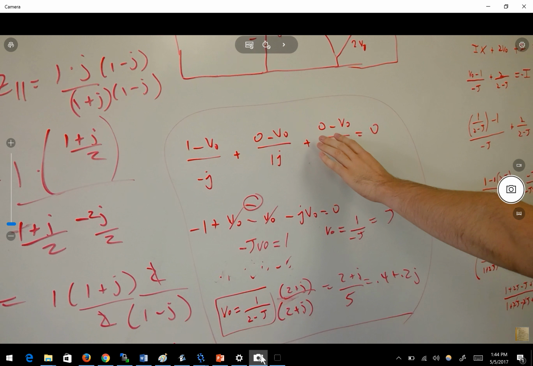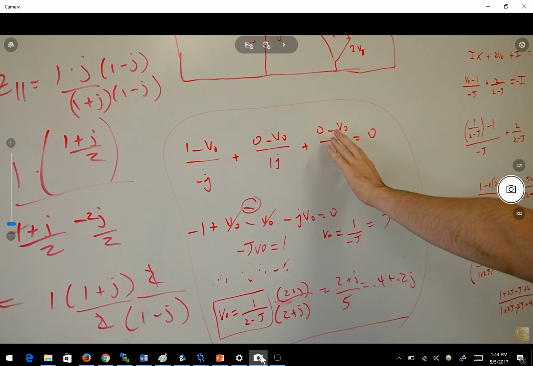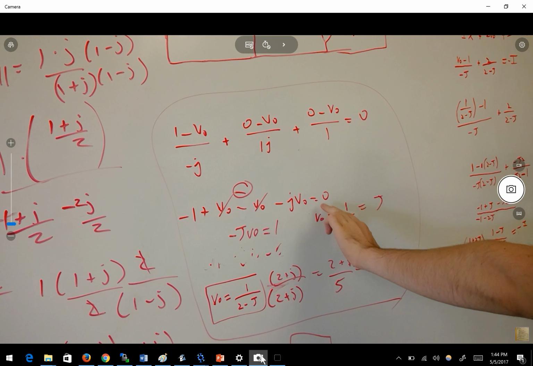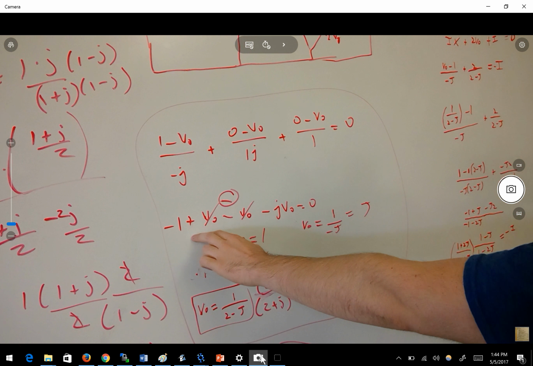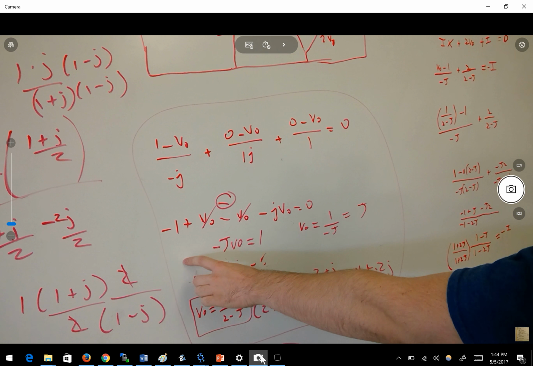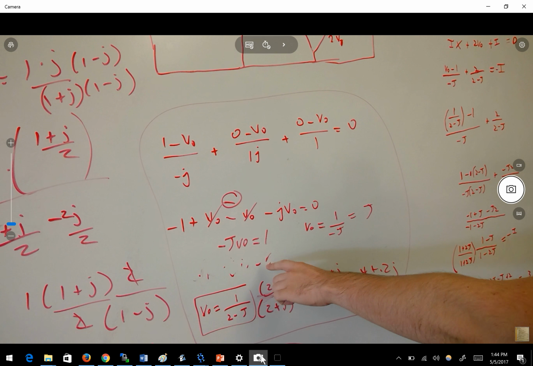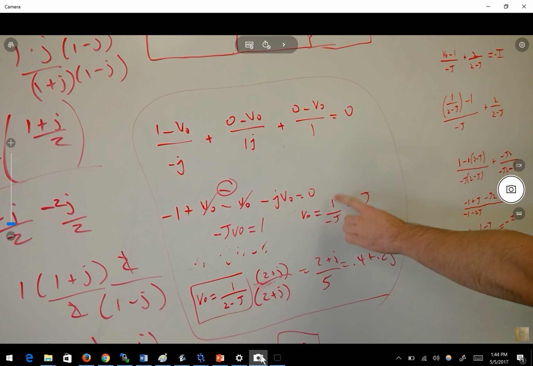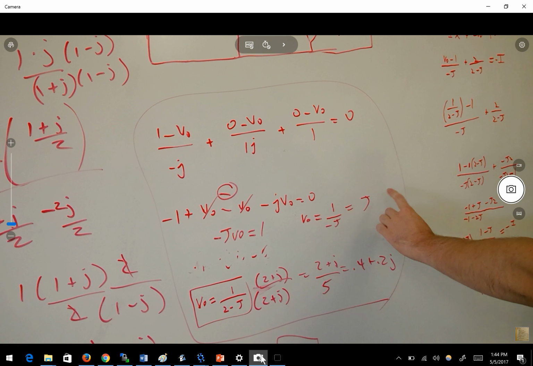And the J here, the 1's in the denominator, so it becomes minus VO times J, so it's minus JVO. Now if we have positive VO and negative VO, those have to cancel out. So we have minus 1 minus JVO equals 0, or minus JVO equals 1, which means VO is equal to 1 over minus J, or is equal to J.